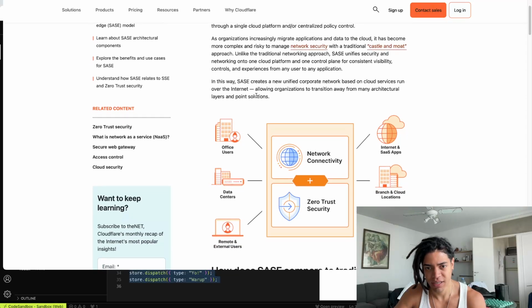In this way, SASE created a new unified corporate network based on cloud service run on the internet, allowing organizations to transition away from many architectural layers and point solutions.